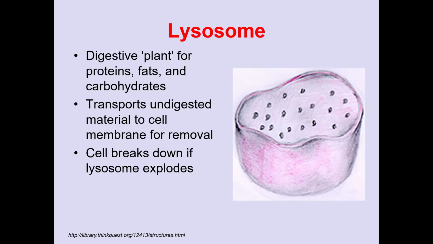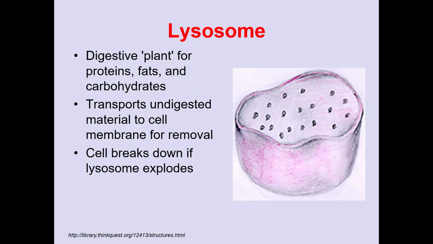They digest proteins. If the protein, after being produced, is not needed, it has exerted its action, then it can be digested by these digestive plants, which are the lysosomes. They digest fat and also carbohydrate. They also transport undigested material to the cell membrane for removal.